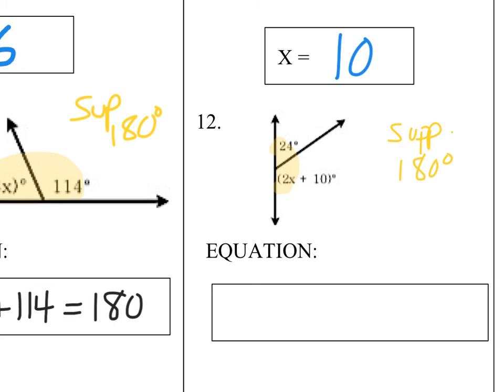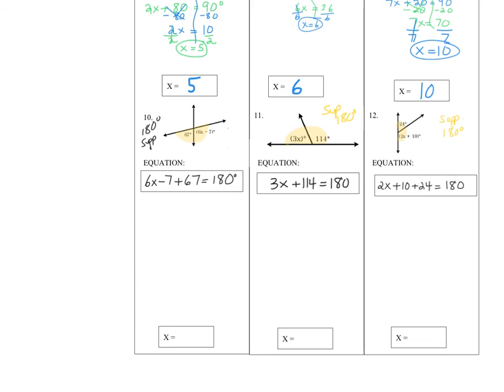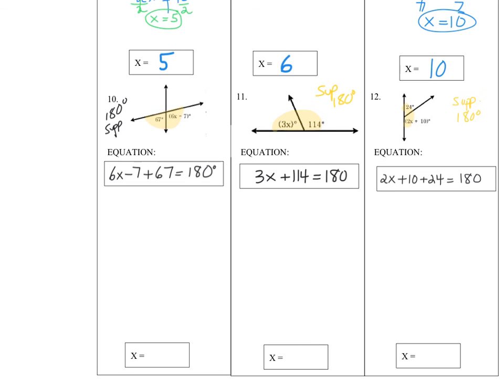So 2x plus 10 plus 24 is going to add up to equal 180. So then you just go ahead and start from there and start solving those equations.